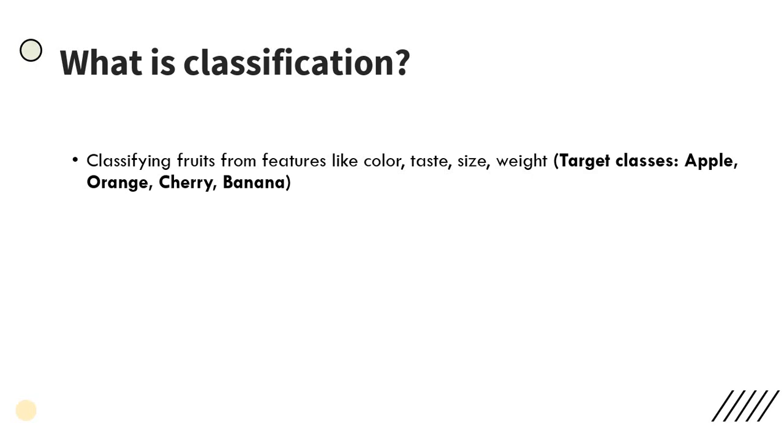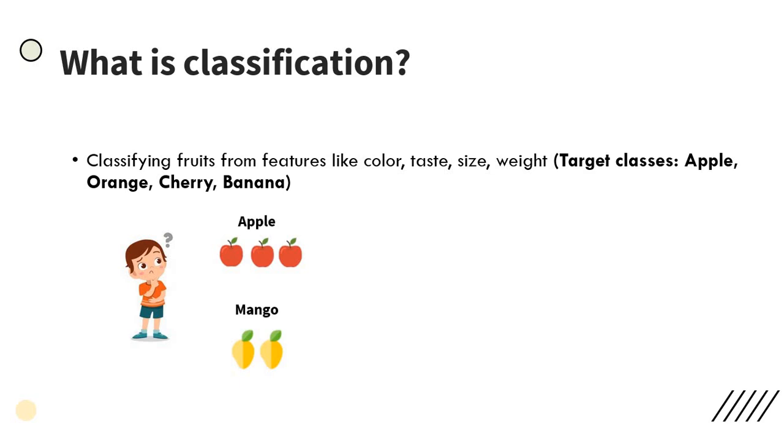Now let's understand it with an example: classifying fruit from features like color, taste, size, weight, etc. Suppose the person doesn't know the names of the fruits. We give two objects to the person and tell the person that the first object is red, shaped like a ball, and tastes sweet: it is an apple. The second object is oval in shape, yellow in color, and also tastes sweet.